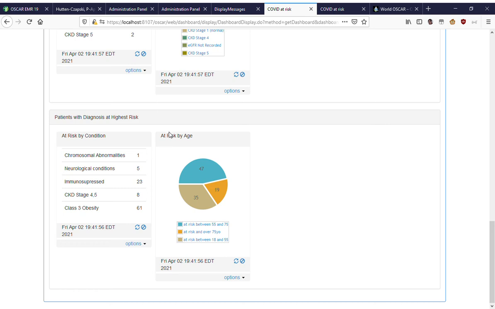So for our practice, we've got 1 with chromosomal abnormalities, 5 neurological conditions, 23 immunosuppressed, 8 people with CKD stages 4 and 5, that's with the EGFR less than 30, and 61 people with class 3 obesity. If you structure them by age, those who are at risk mostly are between the ages of 55 and 75.